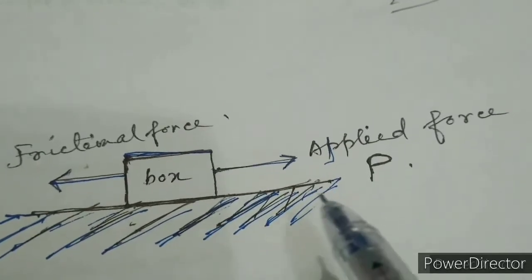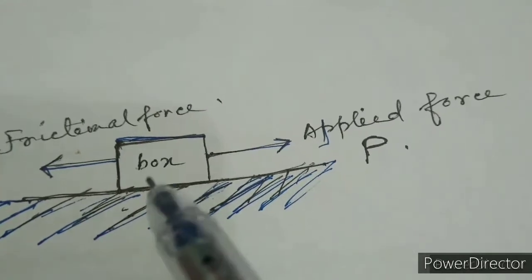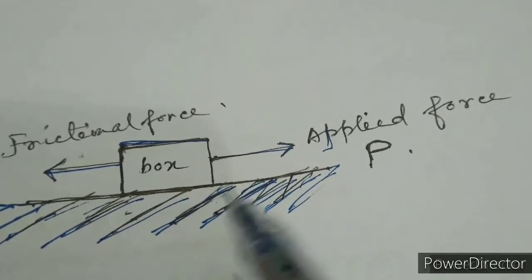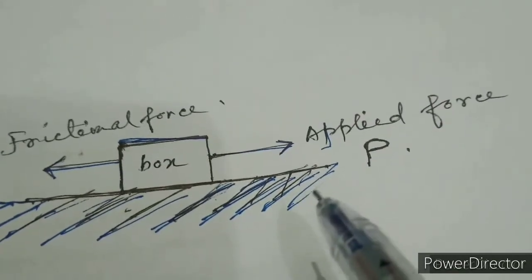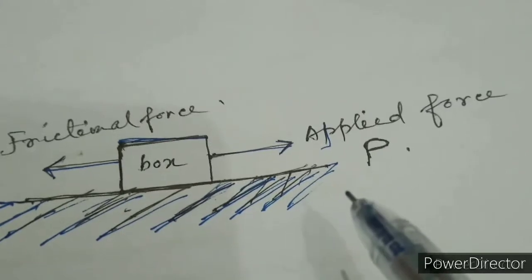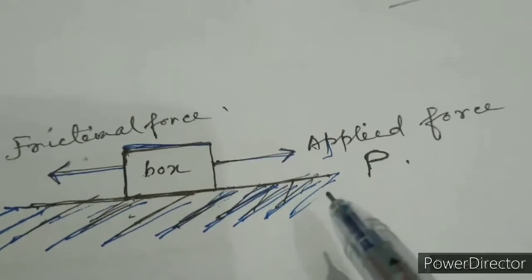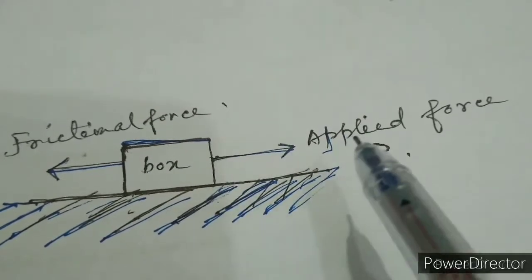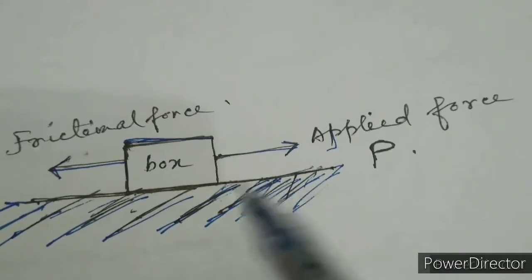And when the body is just going to be displaced, when we are pulling, at that limit at which the box is just going to start its motion, that value of force is known as the limiting friction. Understood? And before the limiting friction, the value which we can see by that spring balance is known as the static friction.